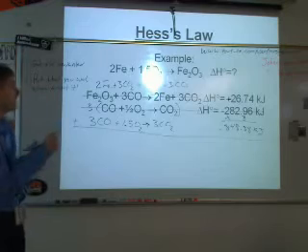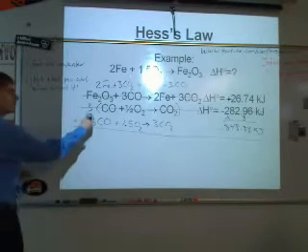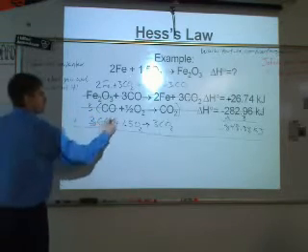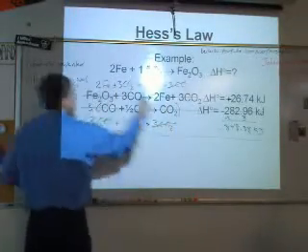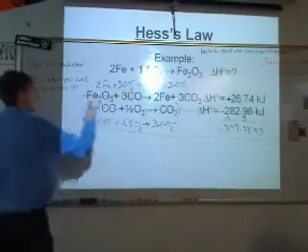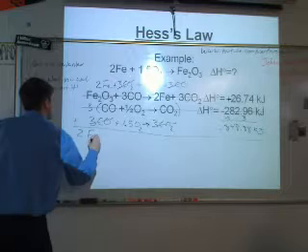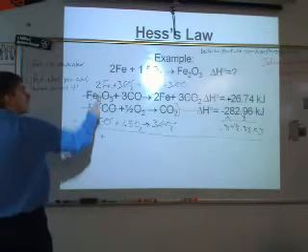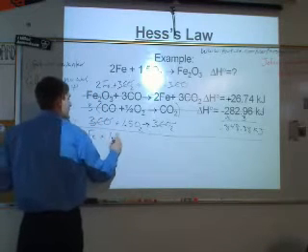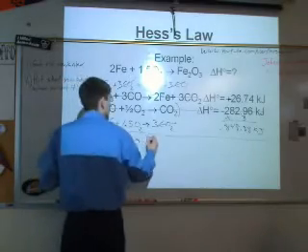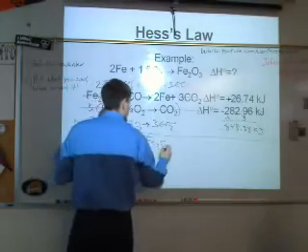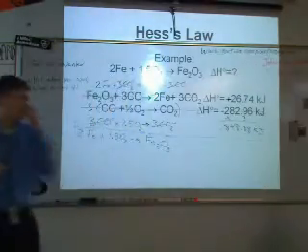So there you go. So now, these 3 COs cancel 3 COs, 3 CO2s cancel 3 CO2s, and we're left with 2Fe plus 1.5O2s, and they give me Fe2O3.